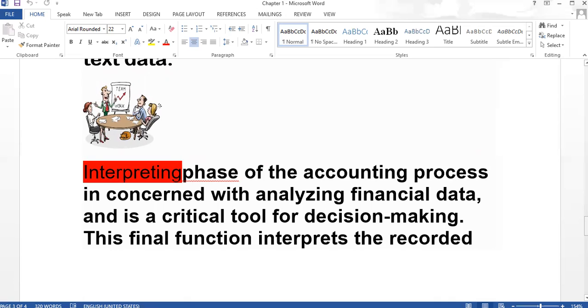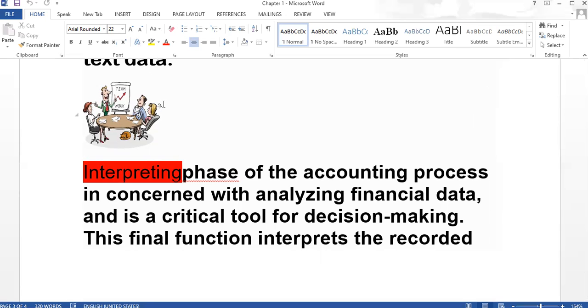So, when I give all these books of accounts, somebody has to understand and interpret what exactly is happening in the company or the business. So we have to analyze the financial data. A group of people will sit together and analyze what is happening in the team or the business.